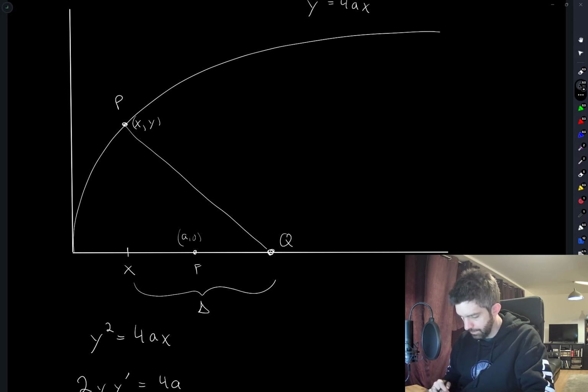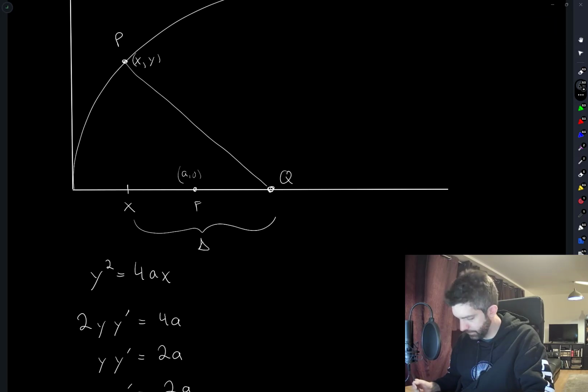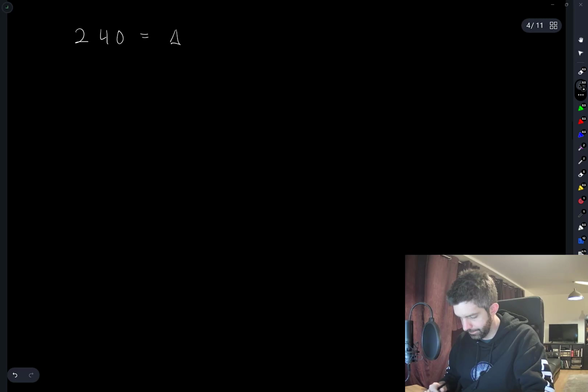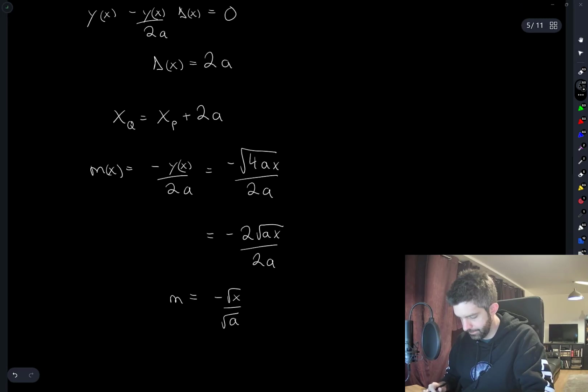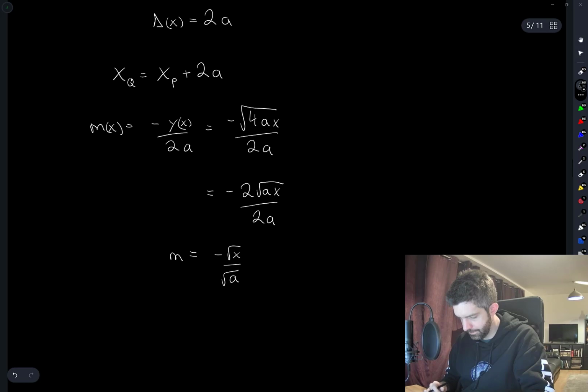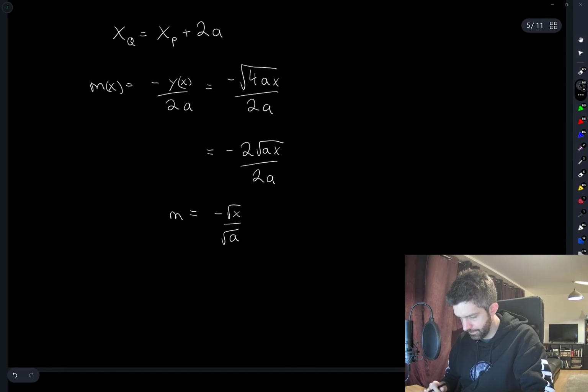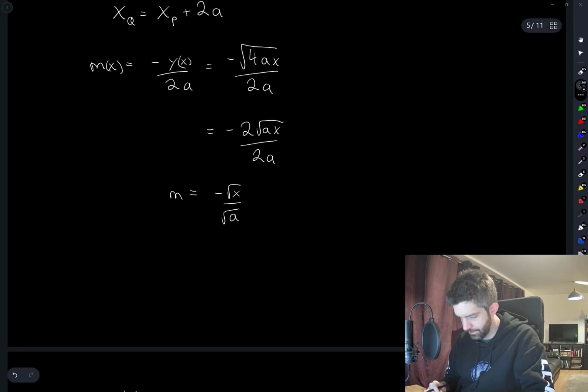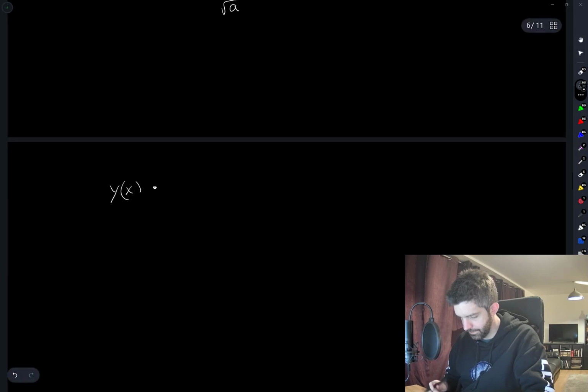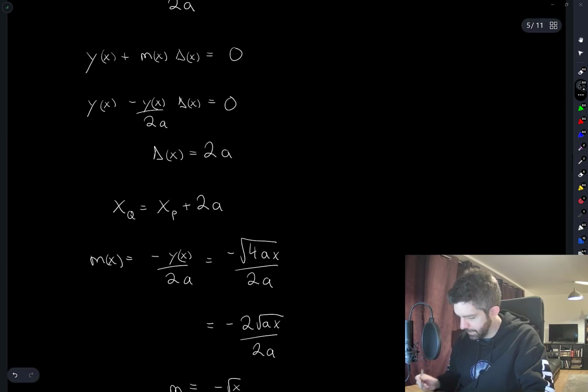So x plus delta minus a, and an absolute value, I suppose, right? xp is x.